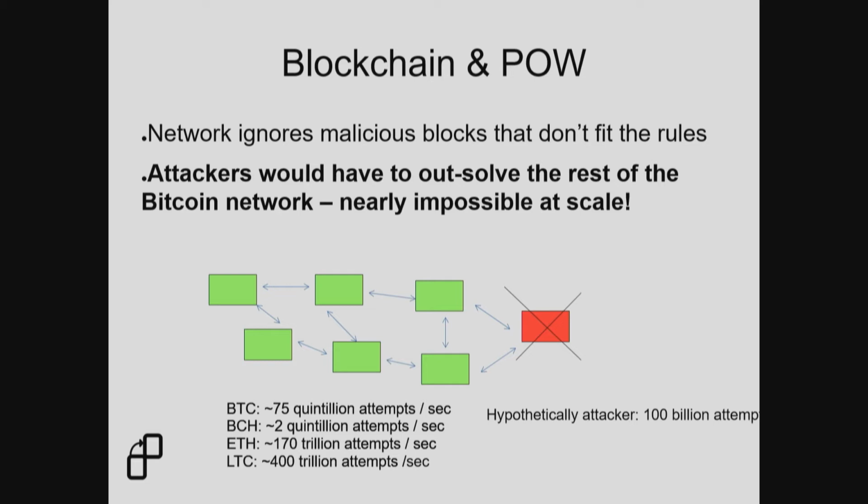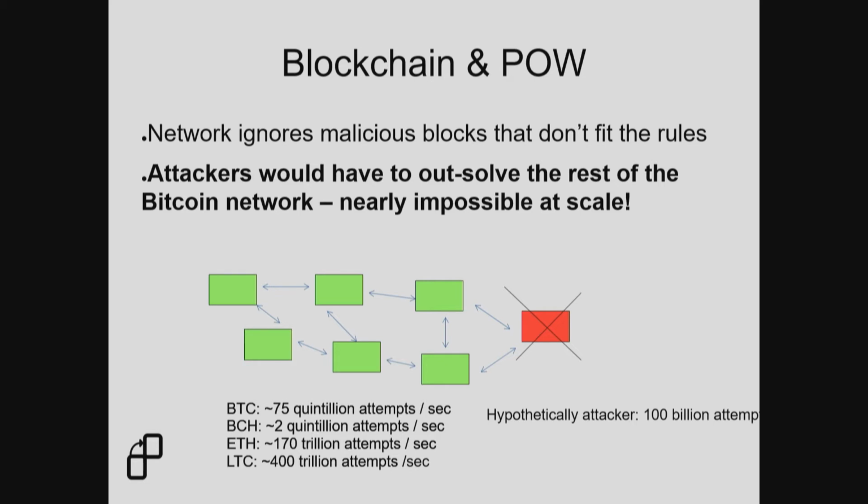At the time that I did these slides, Bitcoin had 75 quintillion proof of work guesses per second. And it takes on average about 10 minutes to find a solution to this problem. That's how astronomical the amount of computing power that goes into proof of work is.